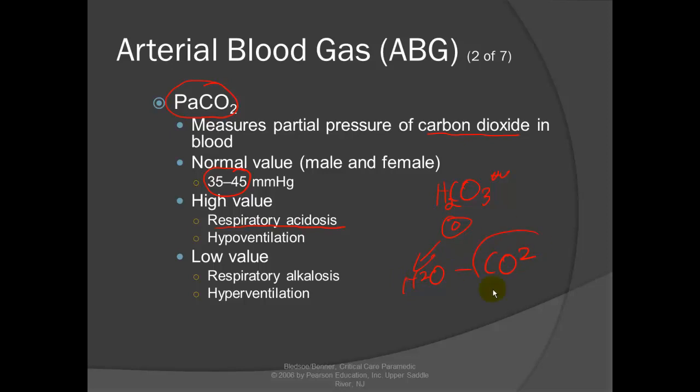The more CO2 that you have in the sample, this is an absolute reversible reaction. So if your body is alkalotic or you have more CO2, the red blood cells, carbonic anhydrase, will be putting these together to make more carbonic acid. So high value would be suggestive of respiratory acidosis or low amounts of ventilation.